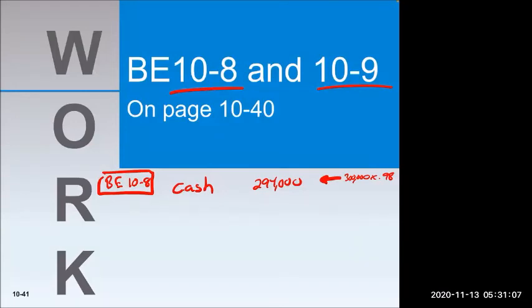I have a bond payable of 300,000. That's what I owe. Now there's a difference of 6, and I'm going to call that a discount. So let's step back a second. I'm selling it at 98%. Why am I selling it at 98%?